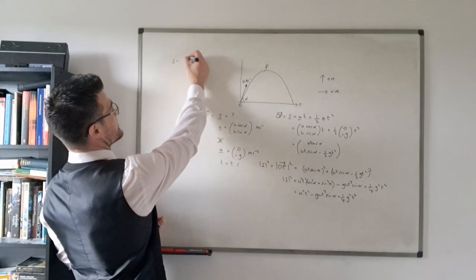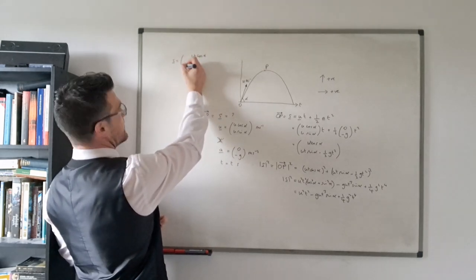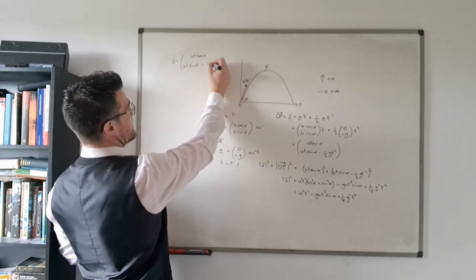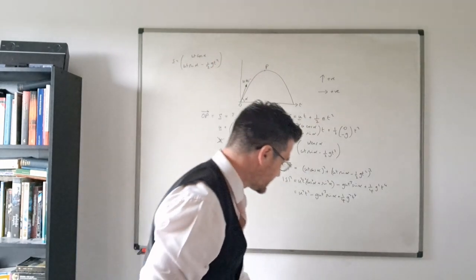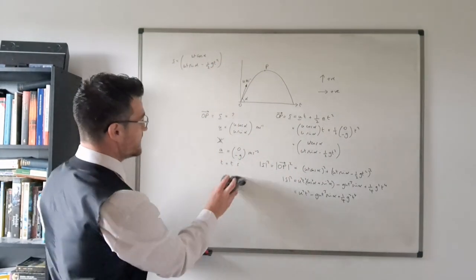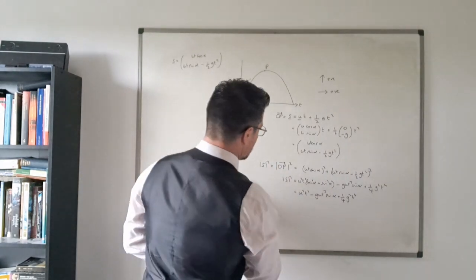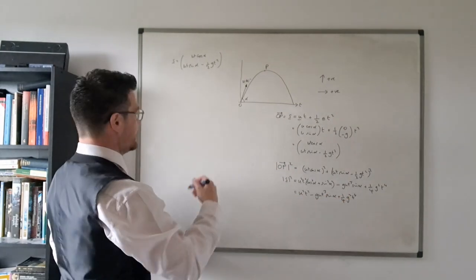So s is equal to (ut cos alpha, ut sine alpha minus half gt squared). Just in case I lose that, because I don't have a tendency to just rub things off the board. So what I'm interested in then is differentiating this thing.